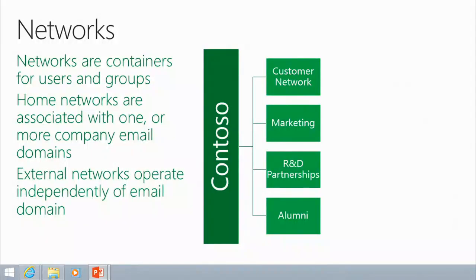So think of an internal network, what I was showing you for Contoso. Another way, for those that are IT here in the room, think of anyone who's part of my Active Directory. Anyone in my organization would be in my home network. And like I say, you get different groups.